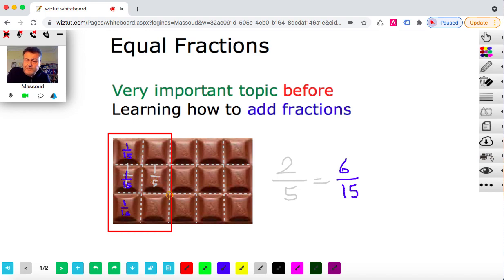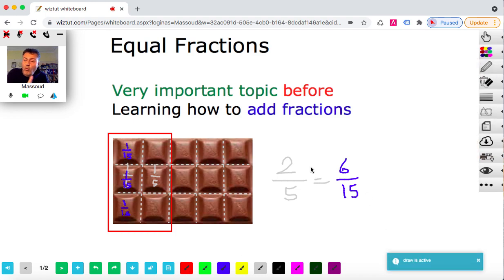But the picture, in this case, is probably the quickest way for the learner to accept that 2/5 and 6/15, though they look different numerically, really mean the same amount of chocolate, or same quantity. And that's essential.